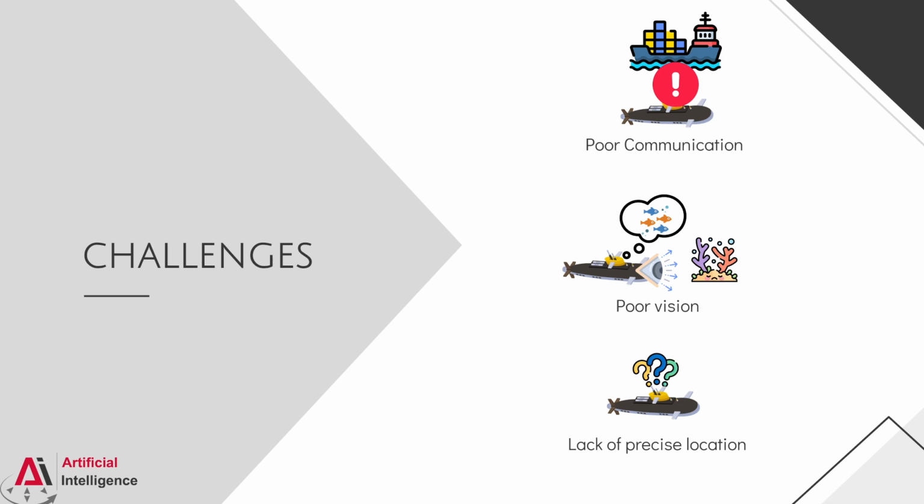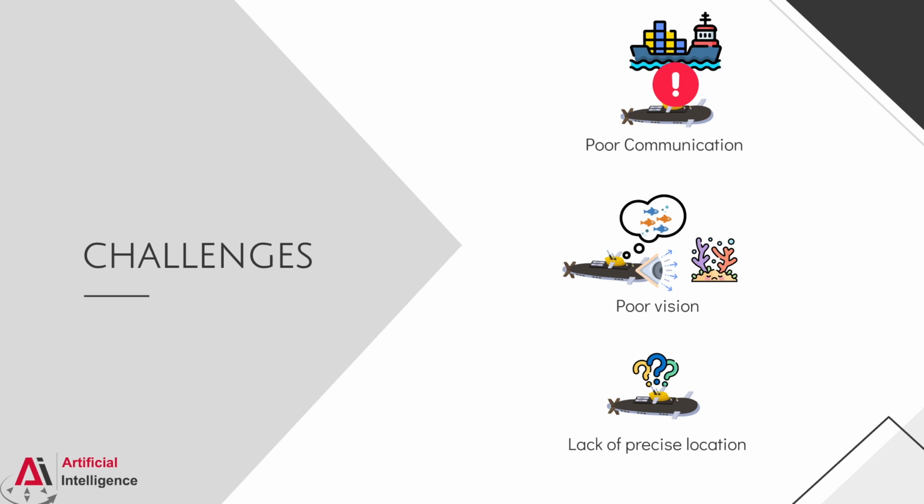Vision is also very poor because of the turbidity of the water, how blurry and dusty it may be. The marine snow and all other things create a very blurred vision for the robot. So that is also a challenge.